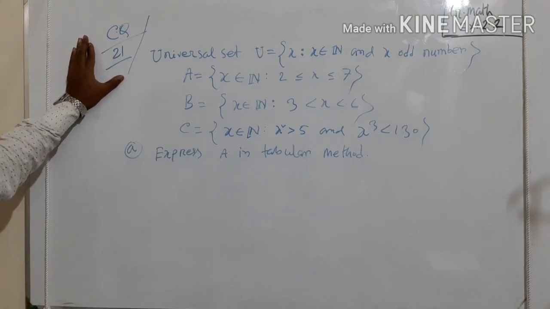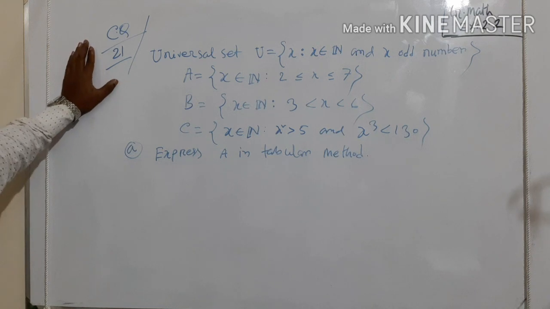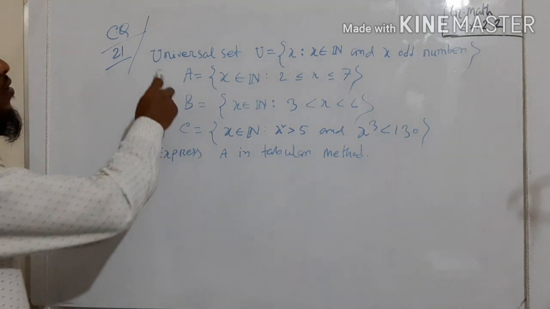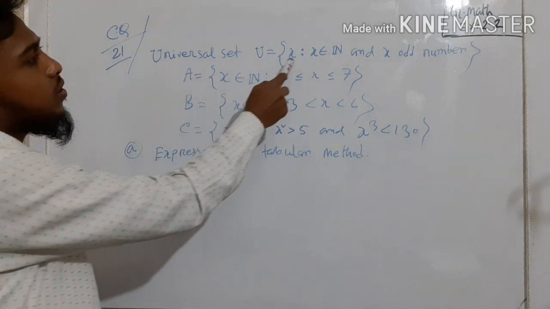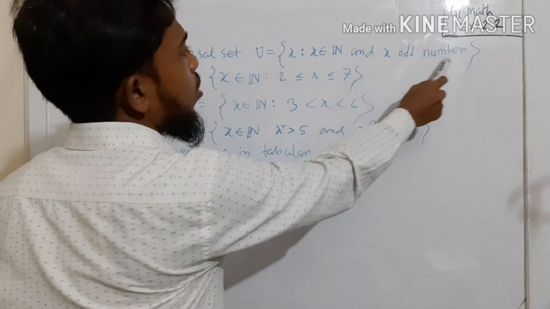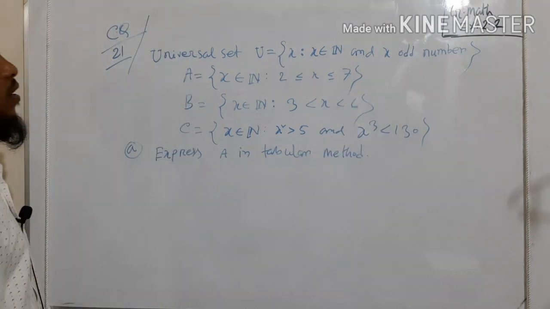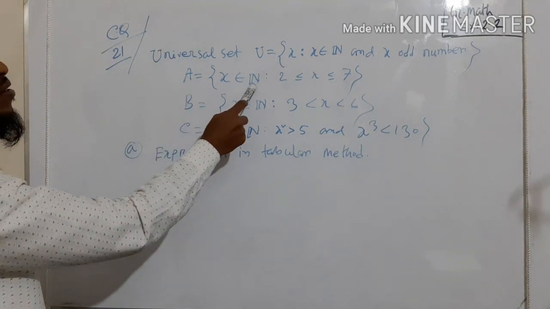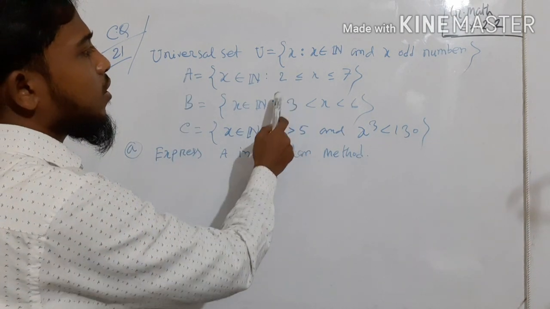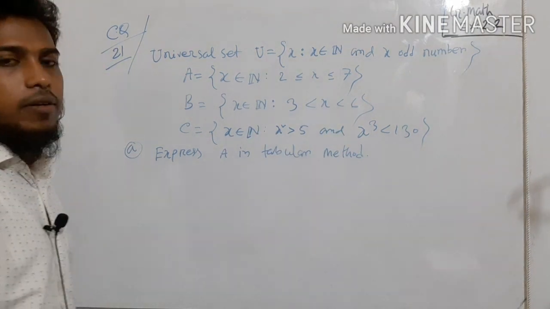Problem 21. Our given universal set U equal to {x such that x is a natural number and x is an odd number}. A equal to {x in natural numbers such that 2 ≤ x ≤ 7}.